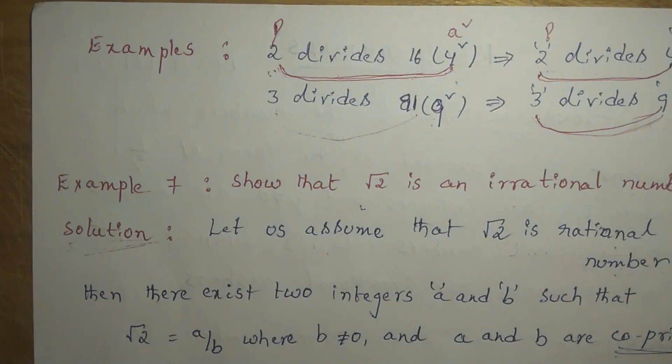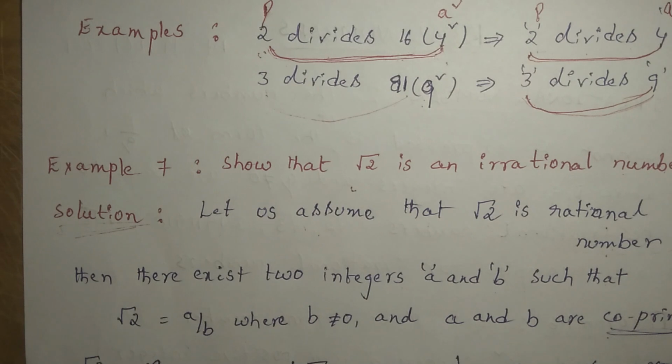Using this theorem, we prove that some real numbers are irrational numbers. We can follow one method, which is called the contradiction method.